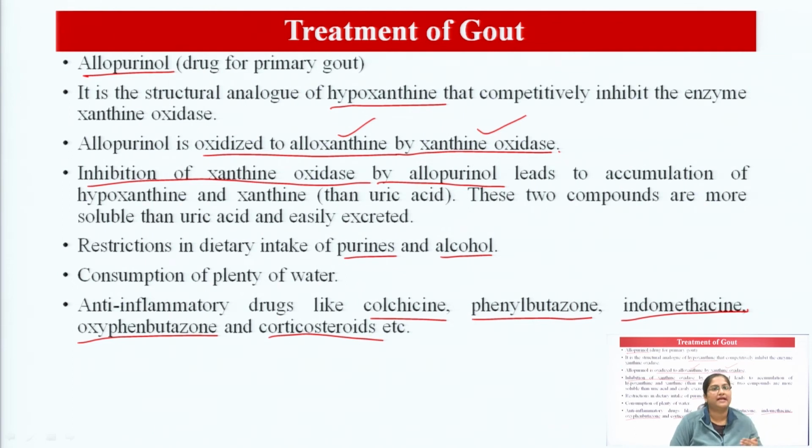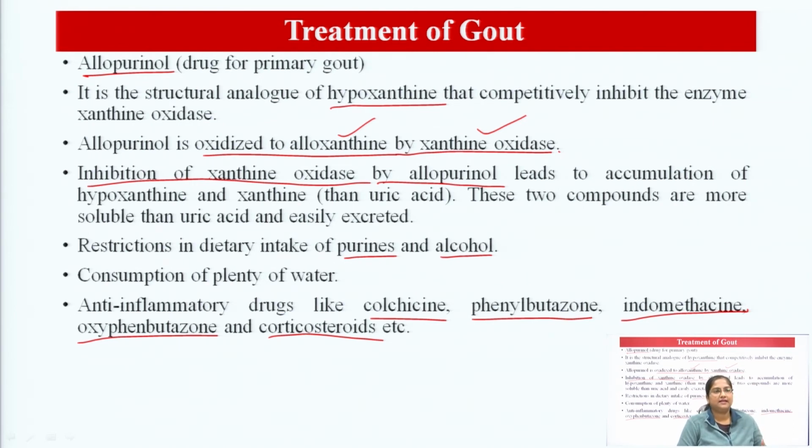So, several things we have to incorporate in our daily life to treat gout. First is the medicine, that is allopurinol. Allopurinol is a structural analogue of hypoxanthine, and inhibition of xanthine oxidase by allopurinol leads to accumulation of hypoxanthine and xanthine, which are easily excreted from the body.